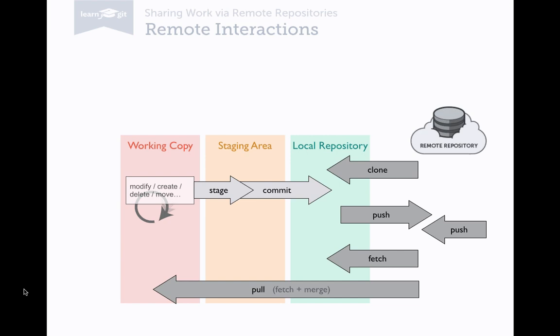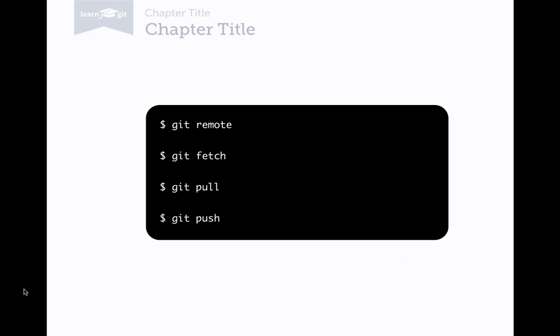It also downloads the changes to the local repository so they can be inspected, but it also merges, it also directly integrates the changes right into the working copy in your current head branch, so that the pull command is actually fetch and merge combined. We'll look briefly at the git remote command, and the other commands are git fetch, git pull, and git push.